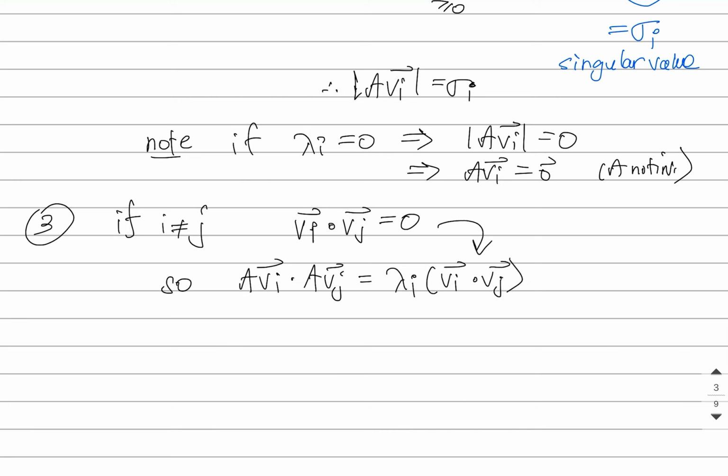And if those things are orthogonal, that means this has to be orthogonal. So what this is telling me is that all of these output vectors, AVi and AVj, are all orthogonal.